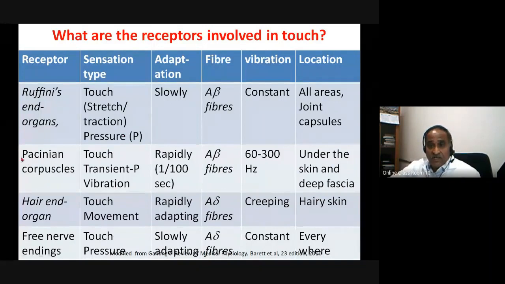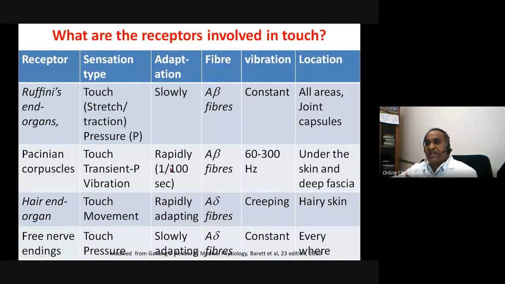Now we have another, the rapidly adapting Pacinian corpuscles. They carry touch, very transient pressure, and also vibration. Here, in the Ruffini end organs, pressure is continuous. With the transient type, it only detects a change in pressure, and vibration.